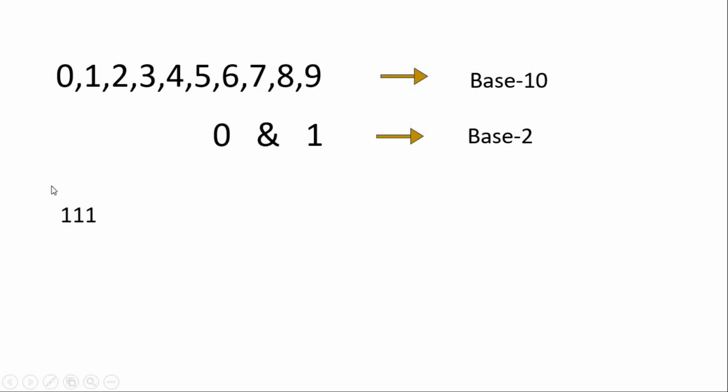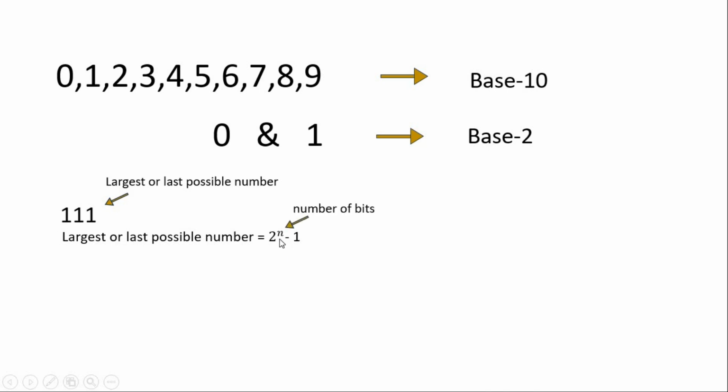Since all the binary bits are at their maximum value, and we have seen in the previous video, the link of that video is in the description, that whenever all the bits are at their maximum value, then it is the largest or last possible number, and the formula of the largest or last possible number is 2 to the power n minus 1, where n is the number of bits.